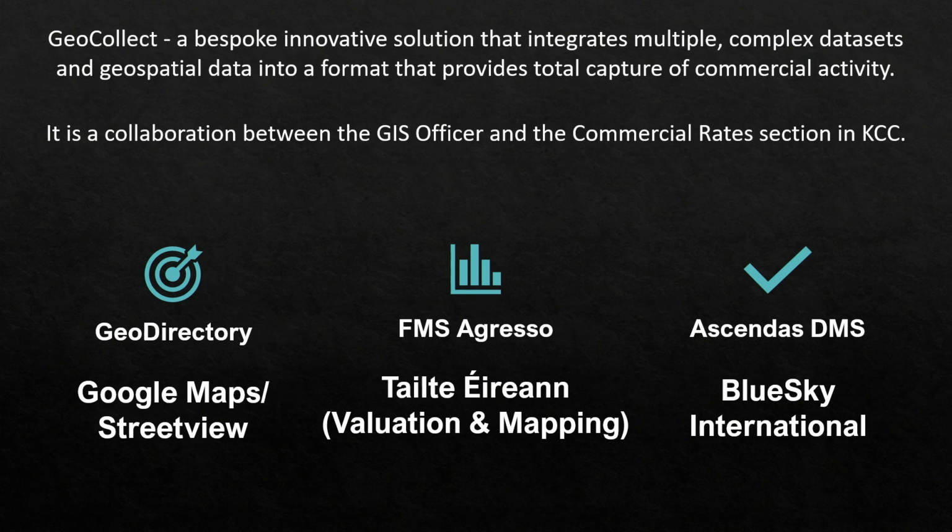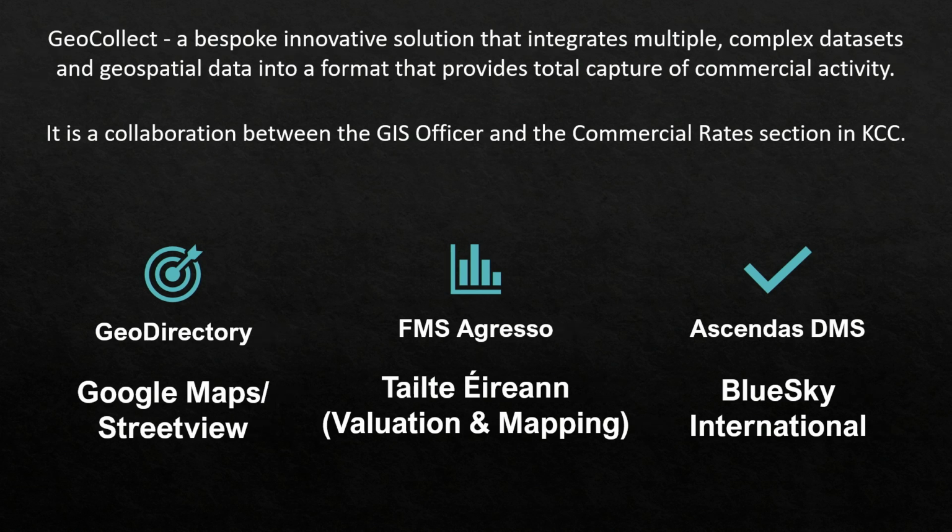GeoCollect will identify any building that is not rated, but from which commercial activity is taking place. That could be a residential property, could be a commercial property. But if you're running a business from a property and you're not getting a rates bill, GeoCollect will tell us who you are so that we can rectify it and send you a bill.